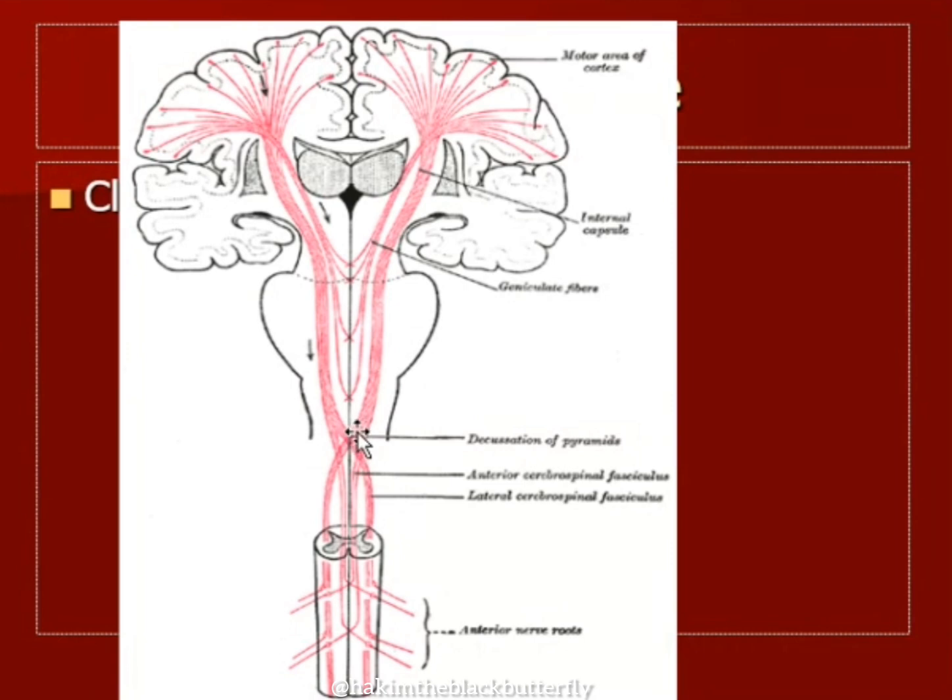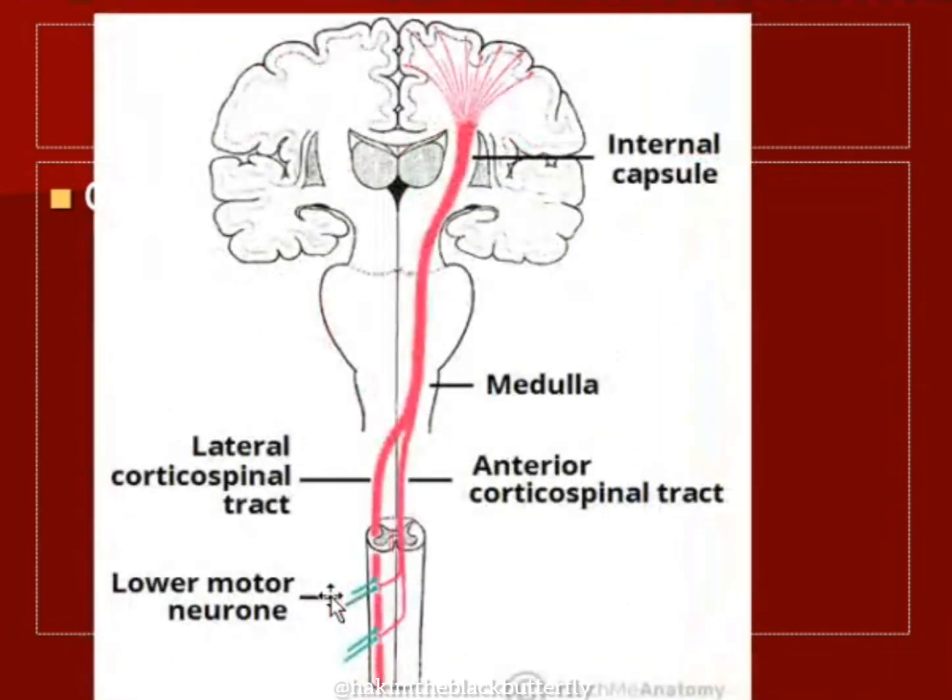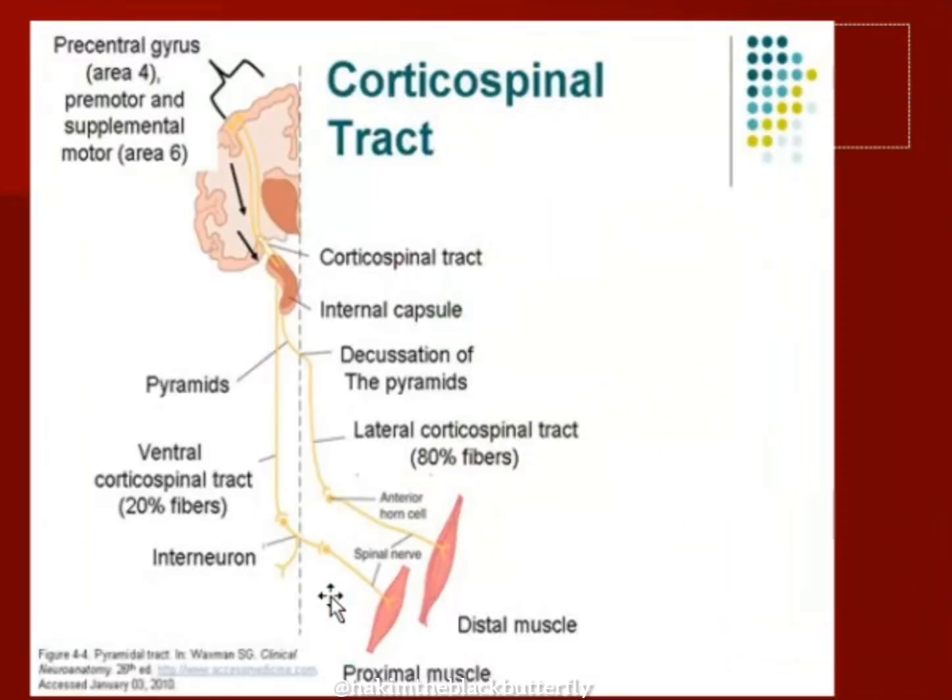The 10% remain on the same side as the anterior corticospinal tract, which on reaching the spinal cord will also cross to the opposite side. So that is what we call the pyramidal tract, made up of the corticospinal and the corticobulbar.